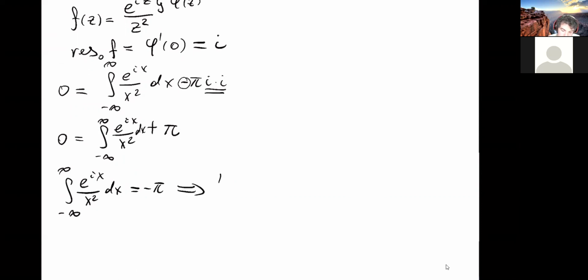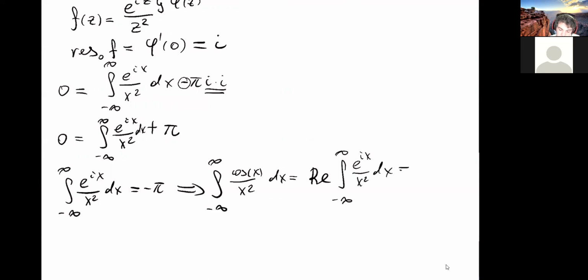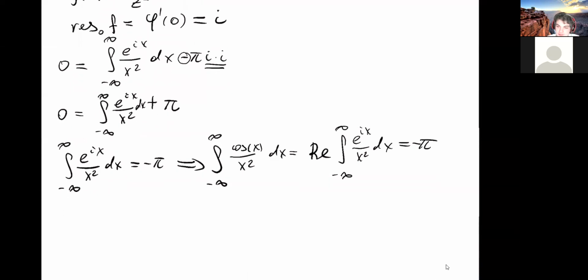And so the integral of the cosine, which we're looking for, is the real part of this, because cosine is the real part of e to the ix. Is minus pi. And that's the answer.